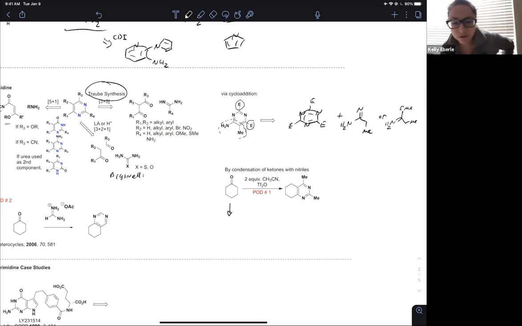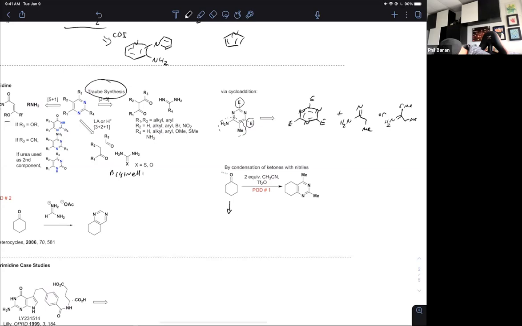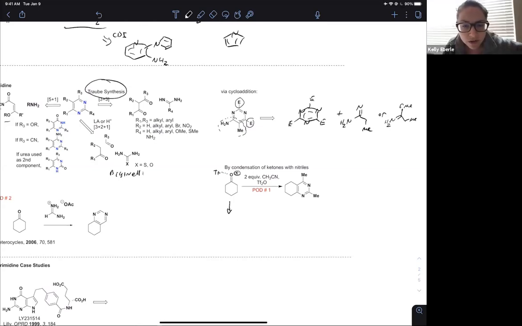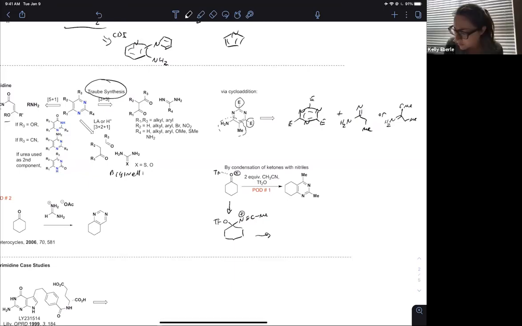So the triflic anhydride will make the vinyl triflate first. So why don't we just activate? Okay. And then you can have acetonitrile add into your carbonyl carbon. Now what do I do? Then you can have your second equivalent of acetonitrile add into the first acetonitrile carbon.